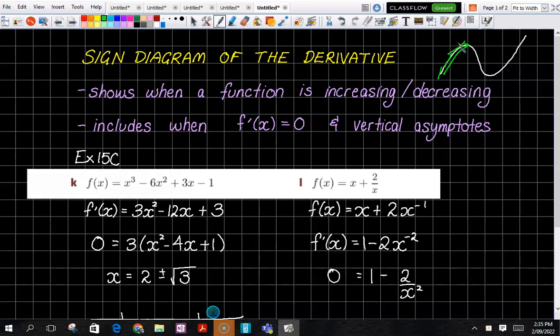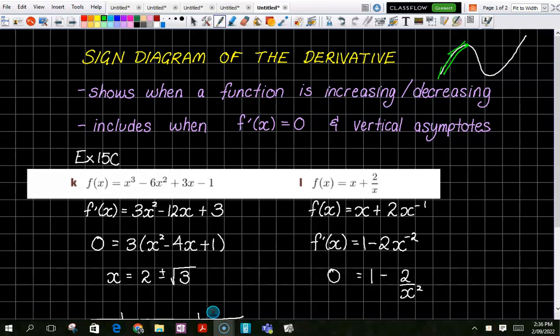Excellent. So the bit that we now have to remember is how do we make a sign diagram? To know that a function is increasing or decreasing, we want the sign diagram of the derivative. Did you get to question 2 at all? It's okay if you didn't. Question 2 of exercise 15C.